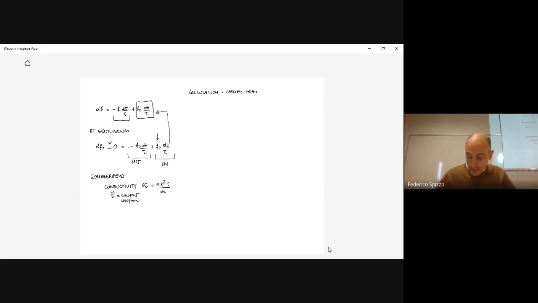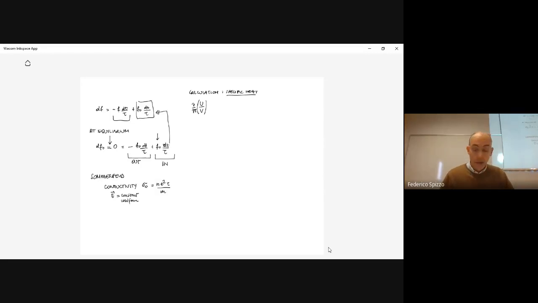Now concerning this specific term, one step back. The specific heat depends on the total energy of the system, in particular on the energy density of the system, and is related to the temperature dependence of the total energy.